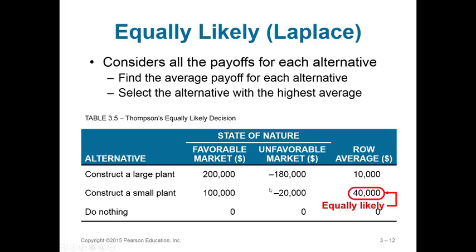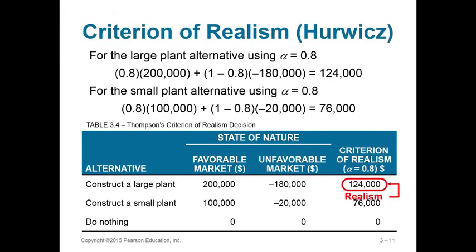Which of these has the largest number at that situation? And in this case, it's the construct a small plant. Because under equally likely, if it's just as likely that you would have favorable or unfavorable, then you would go with the small plant. Whereas if it were more likely to be favorable, you would have gone with the large plant.